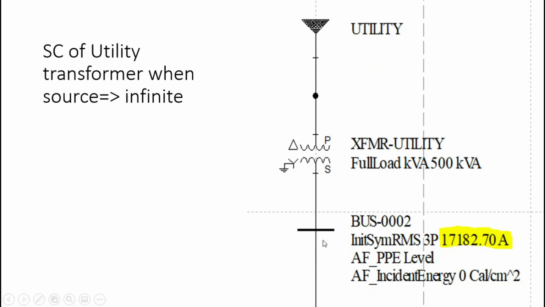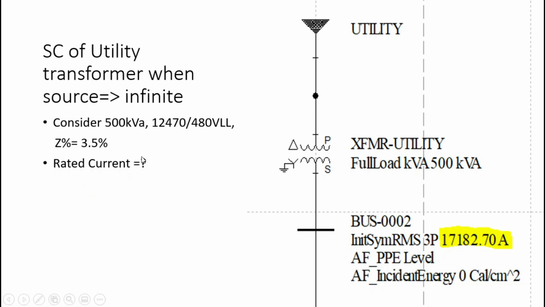The secondary is connected with a panel, or you can say bus 002, and the short circuit at the secondary of the transformer is 17,182 amps. This is the description of the transformer: 500 kVA, stepping down 12,470 volts to 480 volts, with a percentage impedance of 3.5%.